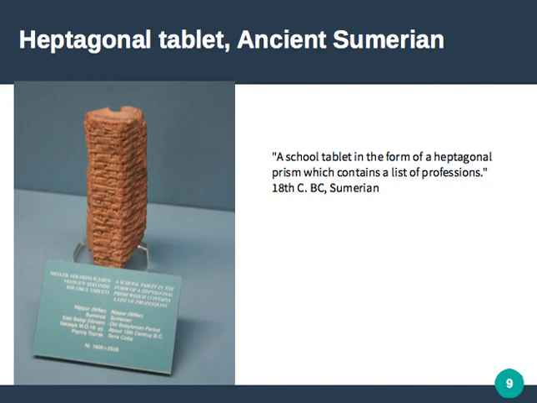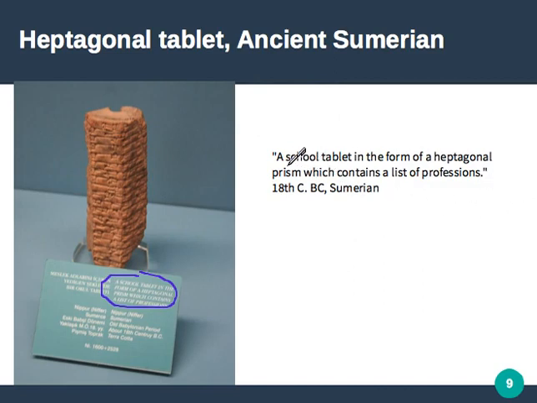This is found in the Museum of Archaeology in Istanbul, Turkey, and it is a heptagonal tablet. If you read closely what it says right here, it says that it's a school tablet in the form of a heptagonal prism which contains a list of professions.